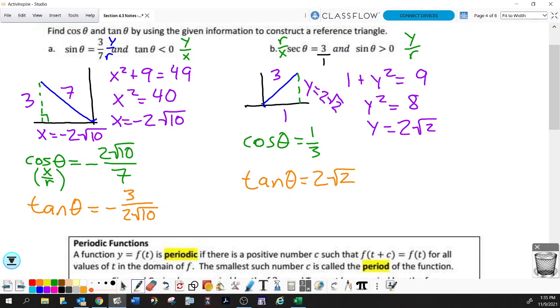Which one are we talking, secant or the y values? Y values are negative in quadrants 3 and 4. For question A, what was negative? The x value. Yeah, the x is negative because we're up here in quadrant 2.